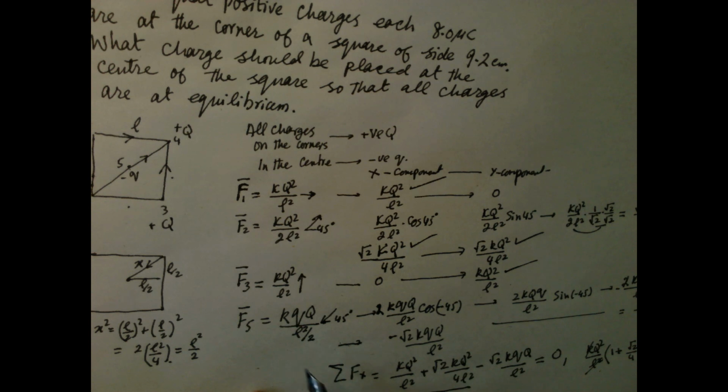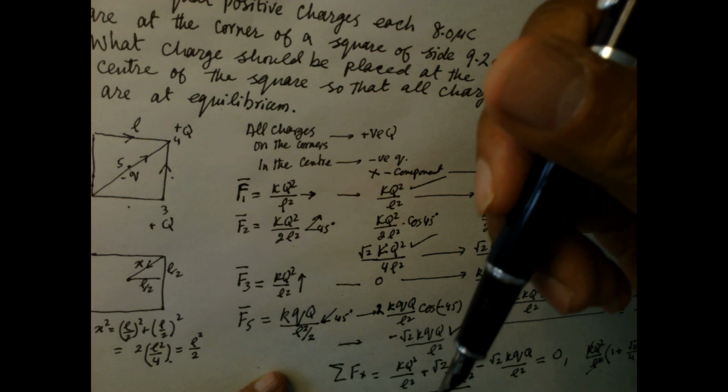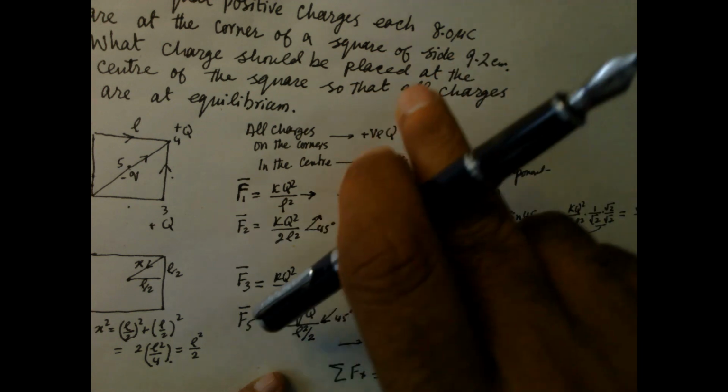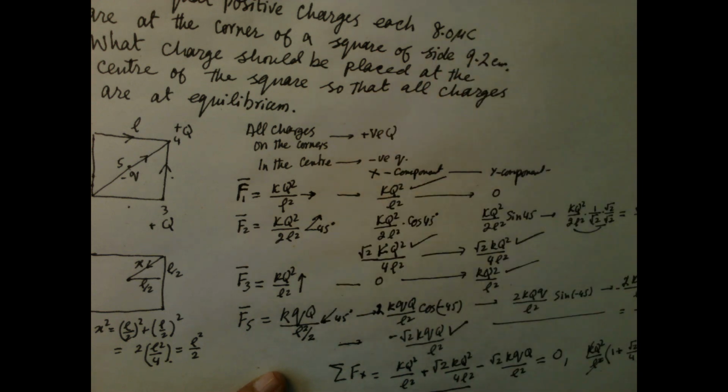Based on their polarity, and F5 at the center, the x component and y component are both negative because it is downward.